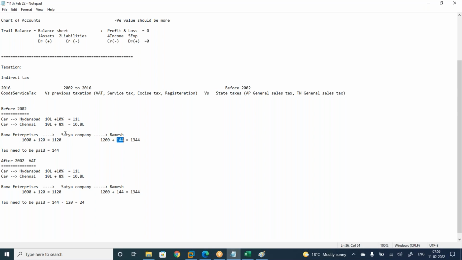Suppose Ramesh is selling to some other Suresh at the rate of 1500 plus tax of $180, so it is 1680.